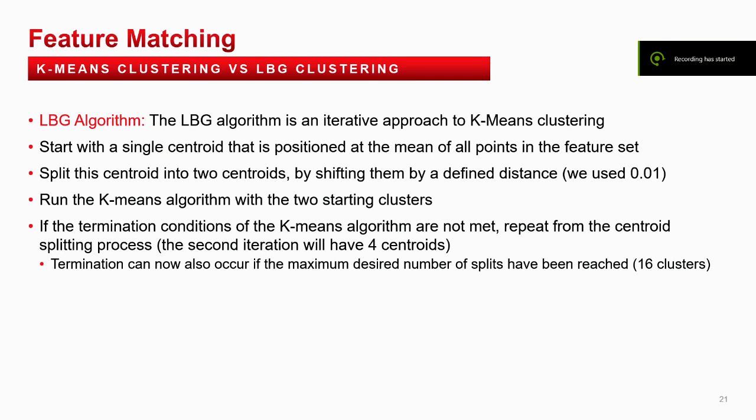So for the LBG algorithm, the difference is we're actually using k-means in a way, but in terms of our starting centroid, we're actually selecting an initial point, and then from there we're iterating to find the best points or clusters. We are adding and subtracting a delta of 0.01, and based on that, it'll split the centroids. This is the most efficient way in terms of finding the most optimal clusters.